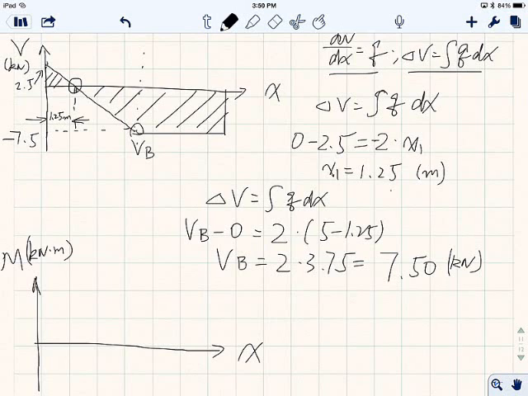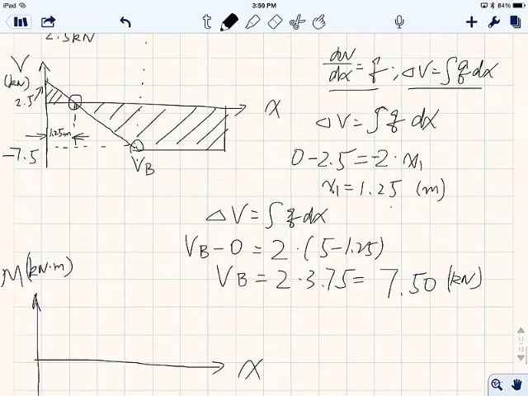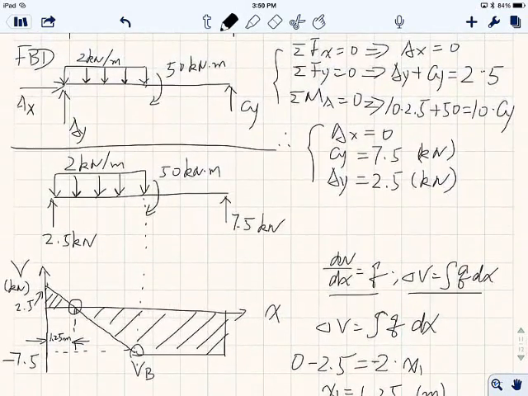So one other thing about moment is, if you look at the free body diagram, when you have a concentrated force at the starting point and the end point, your shear diagram doesn't start with 0. Okay, so see here it starts with 2.5 and here ends at 7.5, right? So when you look at the free body diagram, if there's no moment at the end, that tells you at both ends the moment will be 0 too, which totally makes sense because summation M is 0, right?